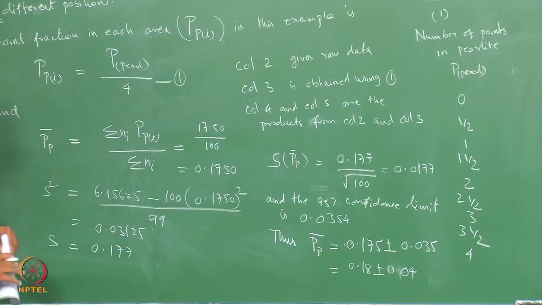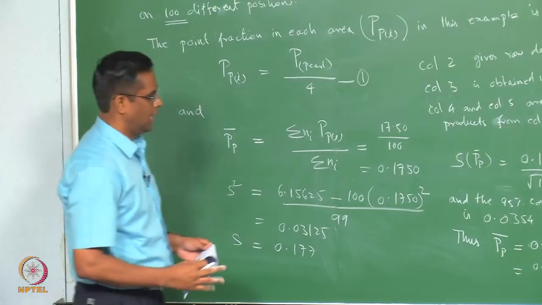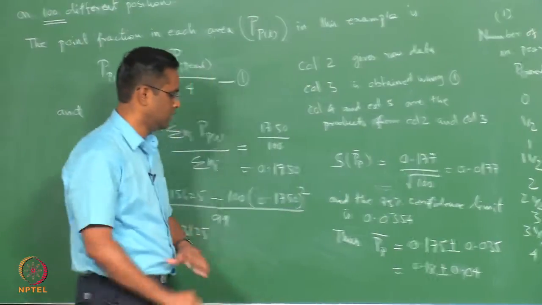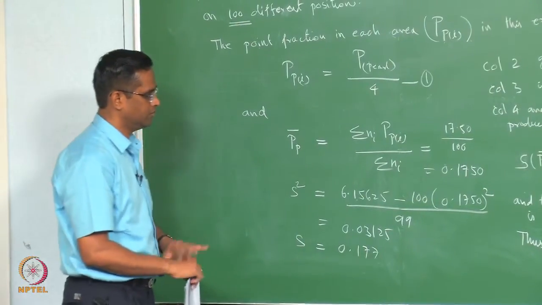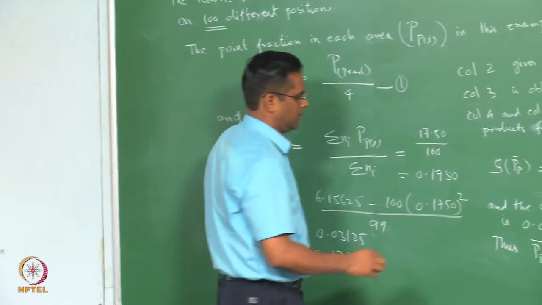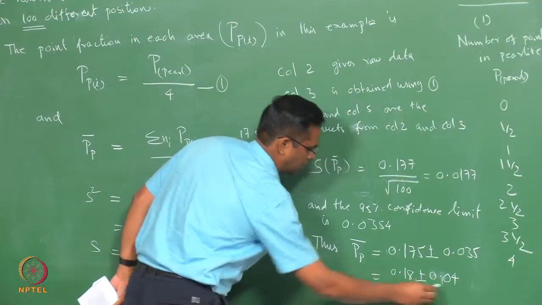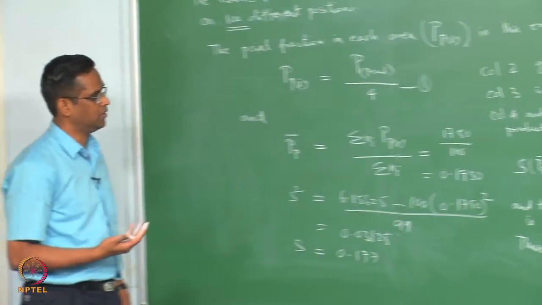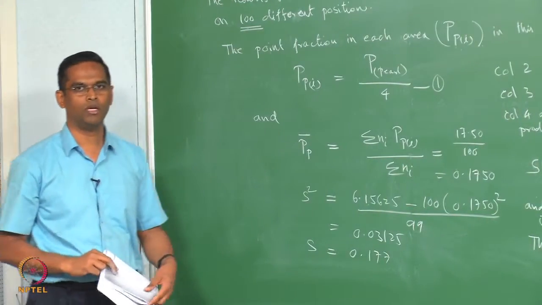So, the point fraction lies between these limits, and that is how the data is represented finally with the 95% confidence limit for this simple point counting method.